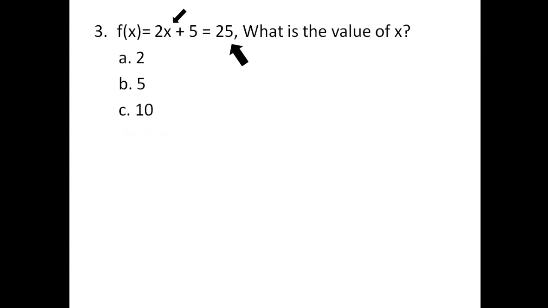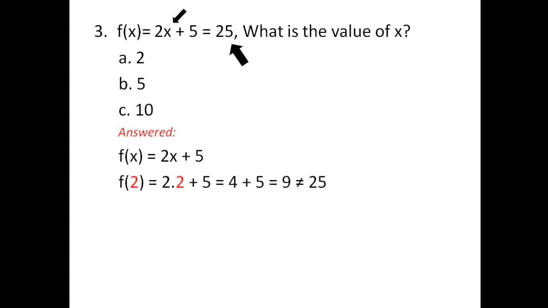Firstly, we choose A. Let's substitute 2 in the function. 2x plus 5 equals 2 times 2 plus 5. 2 times 2 equals 4. 4 plus 5 equals 9. And 9 is not equal to 25. So choice A is false.